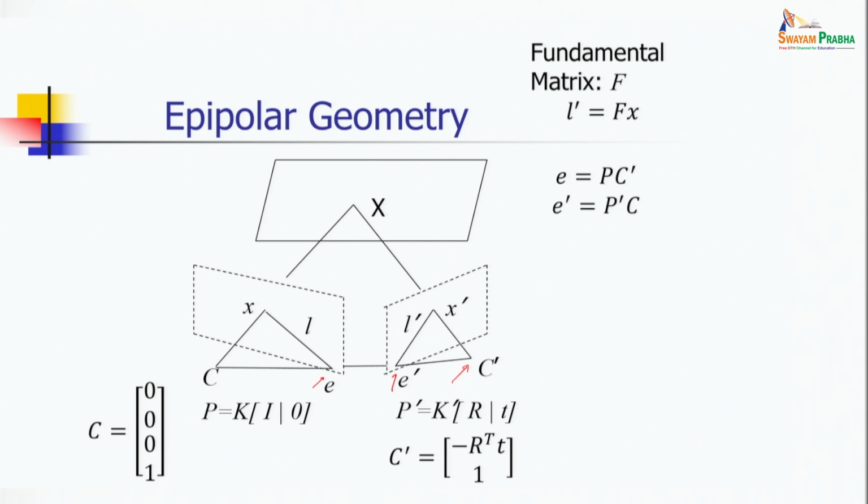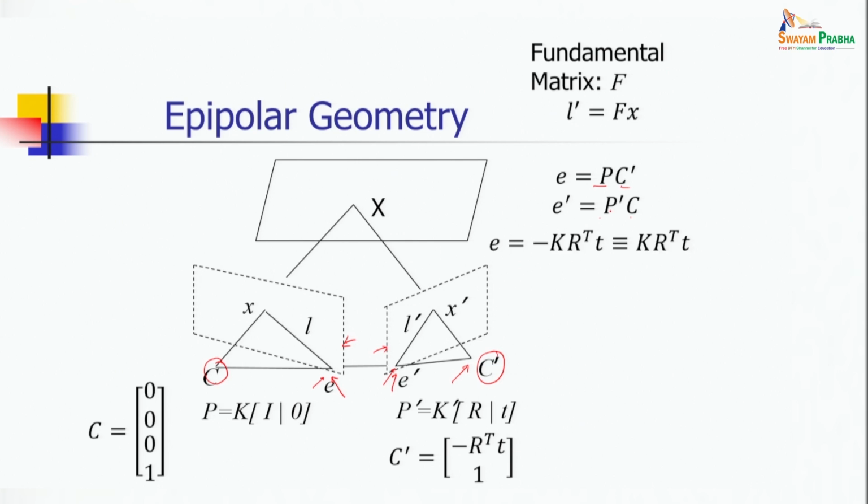So this is the epipole. Projection of C prime will give you the epipole on this image plane, which means I will multiply the projection matrix with C prime. Similarly, projection of this camera center on this image plane will give me the right epipole. So I will multiply the camera center C with P prime, and I know these quantities. I know P and P prime.